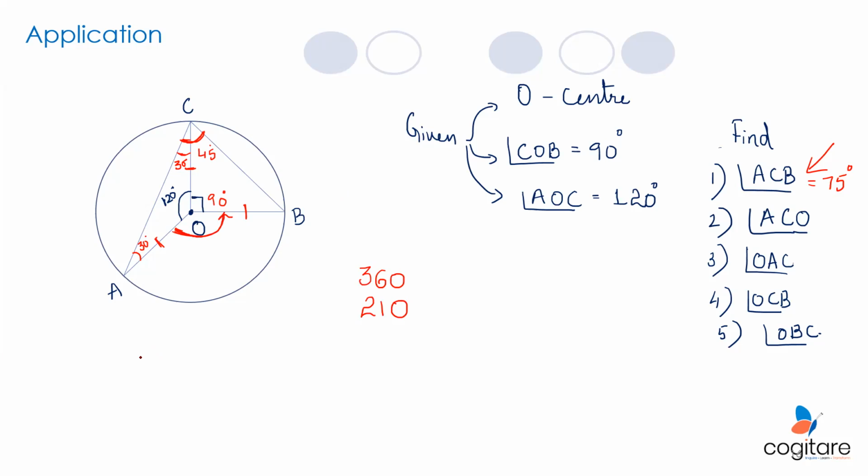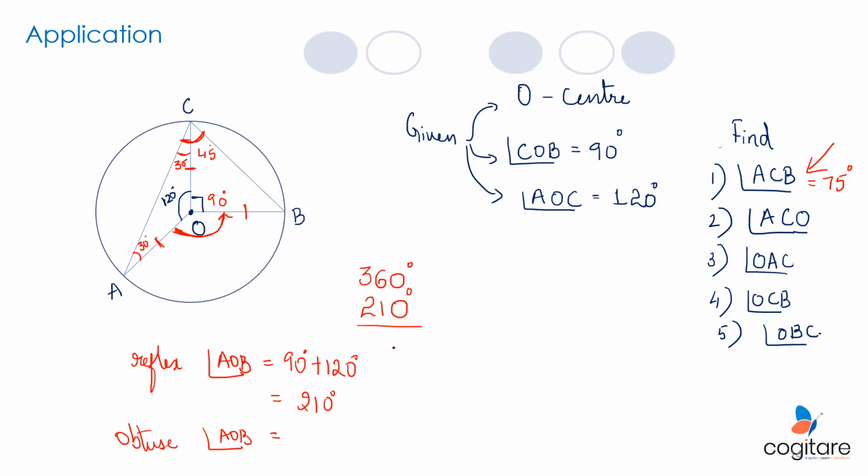So all I mentioned was the reflex AOB is equal to 90 plus 120, correct, which is 210 degrees. Whereas the obtuse AOB, in this case, is going to be 150, right guys?